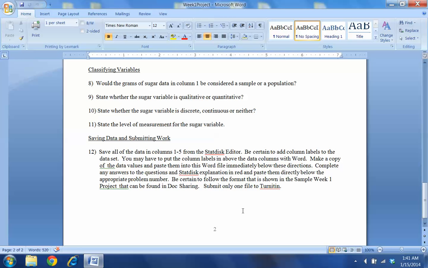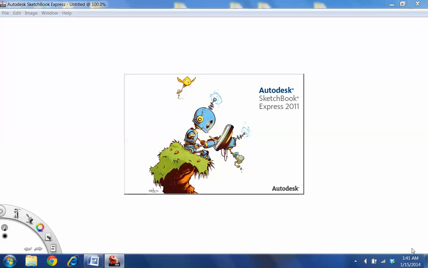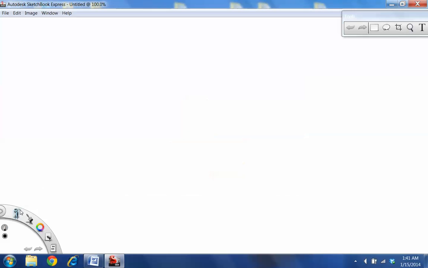I'm going to open up a writing tablet, and hopefully it'll work this time. I tried it a little bit ago and it didn't work. Now I'm going to go to Tools, oops, and let's go to ballpoint pen.